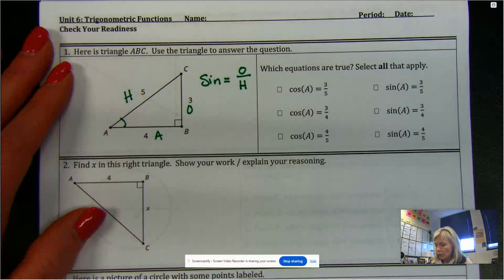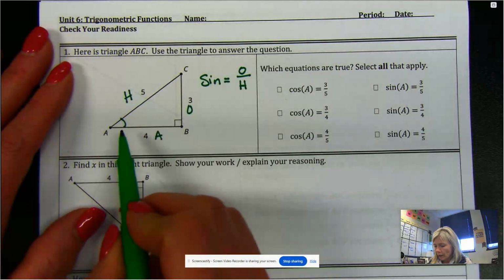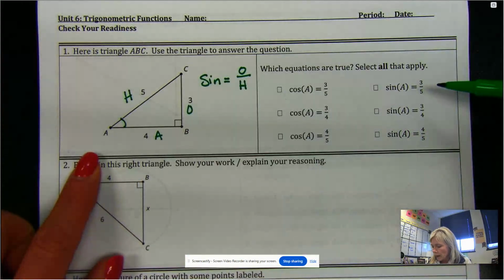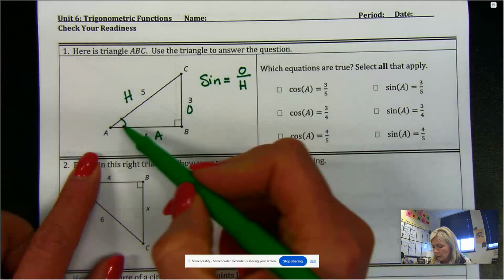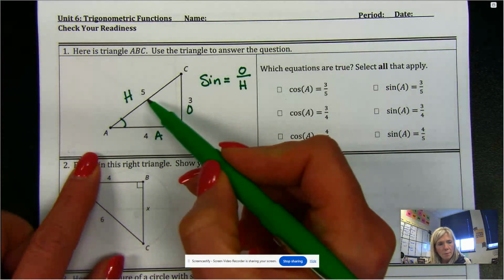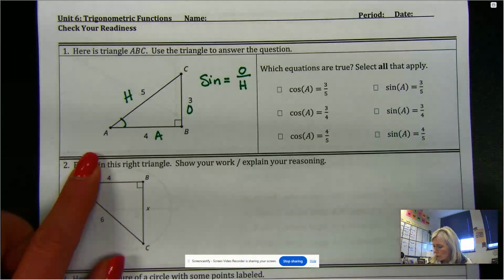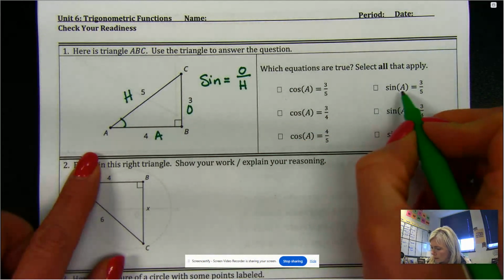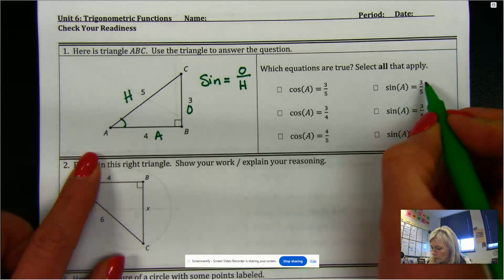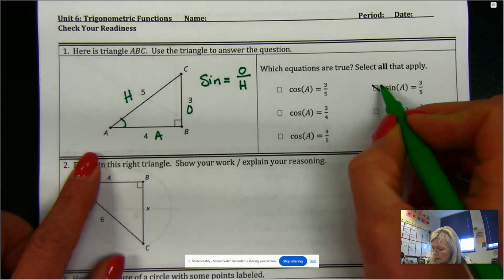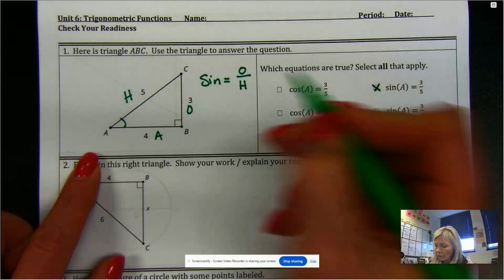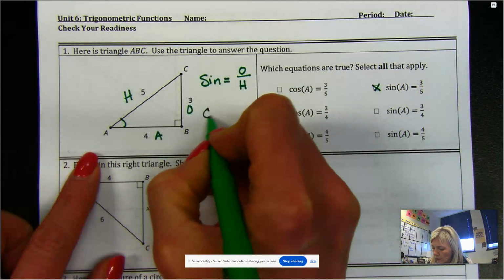All right, so if we want to know about the sine of angle A, it looks like opposite has a length of 3, hypotenuse 5. So I think this first one, the sine of A, is equal to 3/5. 3 is the opposite, 5 is the hypotenuse. And then cosine.